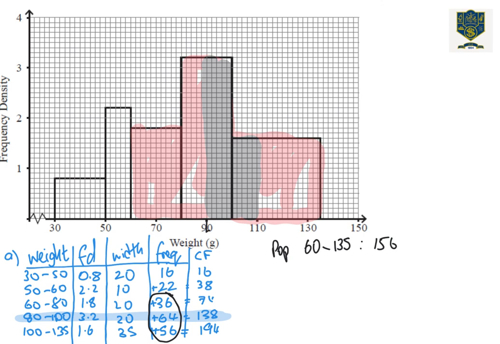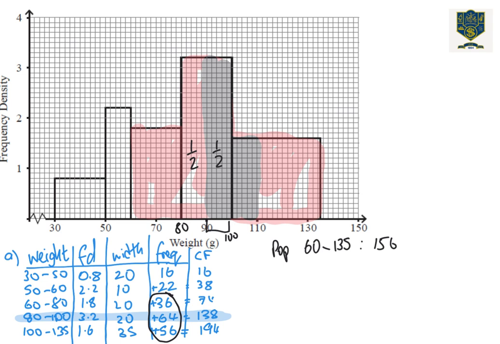If we look at the 90 to 100 part of the sample or the population, what we'll assume is that because this bar starts at 80 and goes up to 100, half the values are between 80 and 90 and half the values are between 90 and 100.